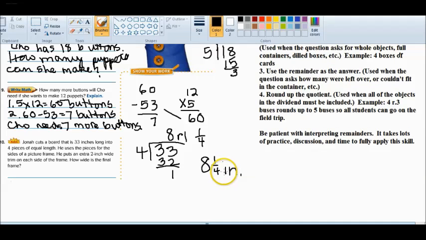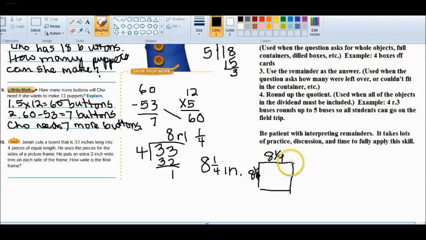Now it says here that he puts an extra 2-inch wide trim on each side of the frame. If we were to picture our frame, I'm going to draw a picture: that's 8 1/4 inches, and that's 8 1/4 inches, because we cut them in equal lengths, and this is 8 1/4 inches, and this is 8 1/4 inches.